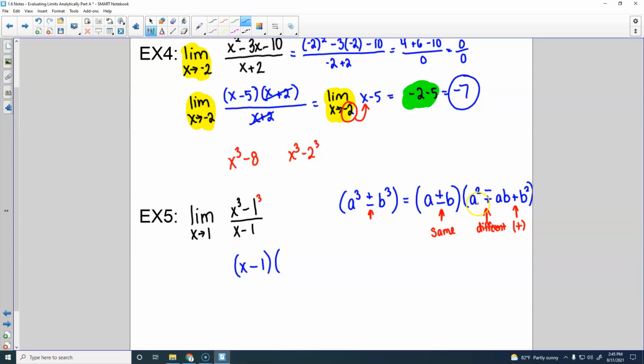And then our a in this case is an x, so it's going to be x squared. Different sign, so where I have a minus sign right here, now it's going to be a plus sign. A times b, or in this case it's x times 1, which is just x. And then the last one is always a plus sign, and then it's going to be your b squared, or in this case it's 1 squared, which is just 1.